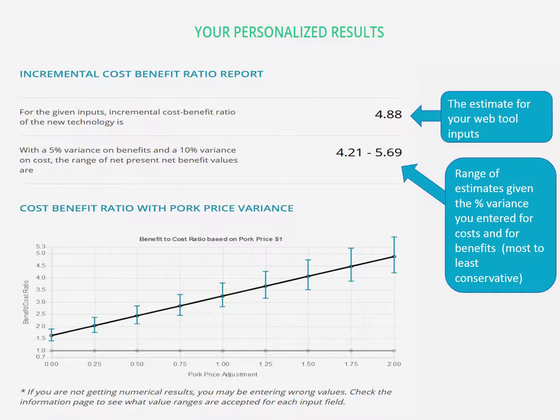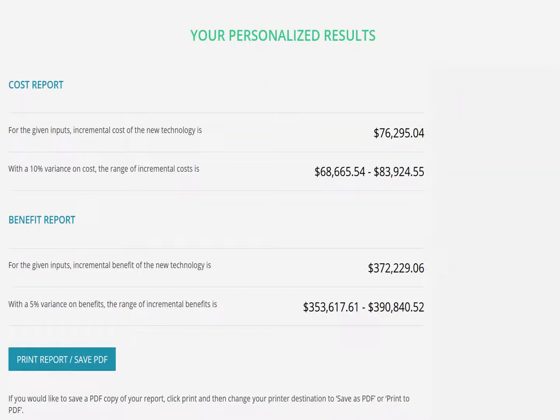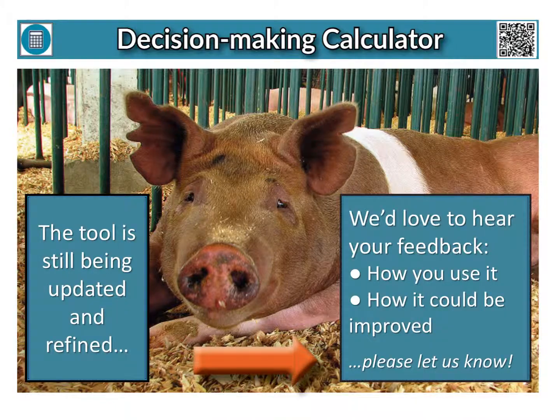But a less than 1 incremental cost benefit shows that the new technology is not profitable. The other parts of the result are the cost benefit ratio, and the cost report and the benefit report. You can click on print.